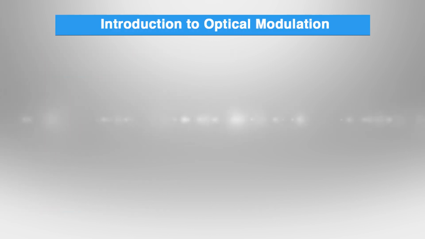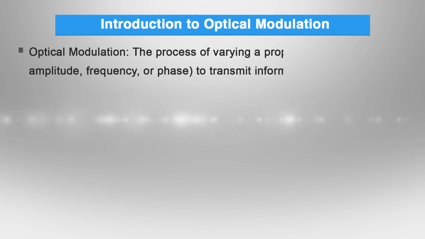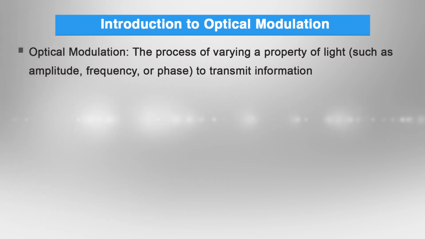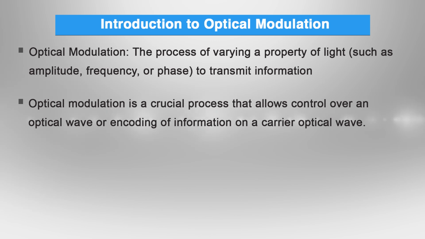Now, let's start with the introduction of optical modulation. Optical modulation is a process of varying a property of light such as amplitude, frequency or phase to transmit information. It is a crucial process that allows control over an optical wave or encoding of information on a carrier optical wave.